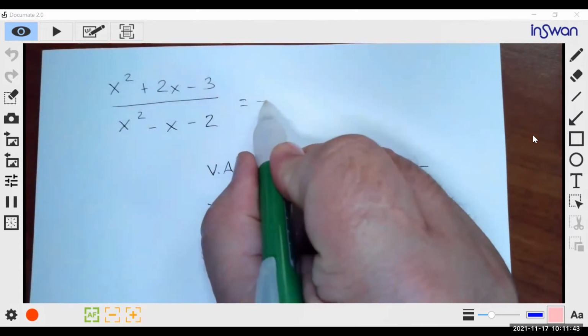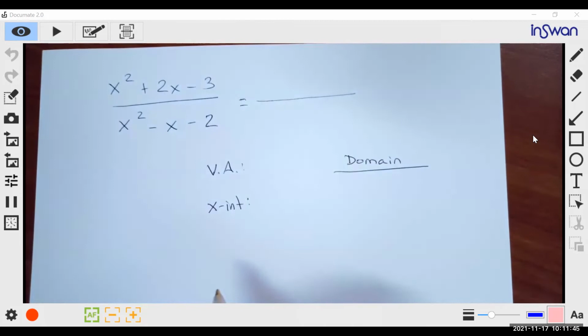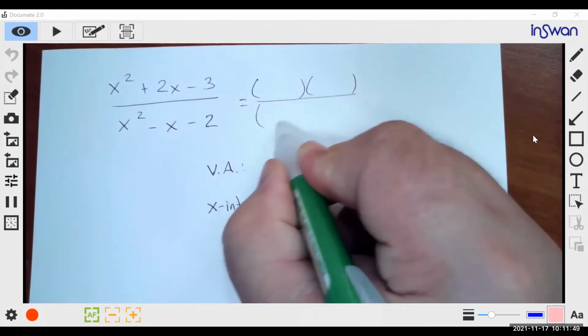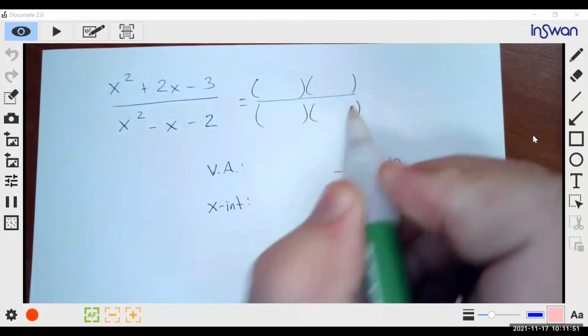So what's the first thing you've got to do? Factor the top and the bottom.